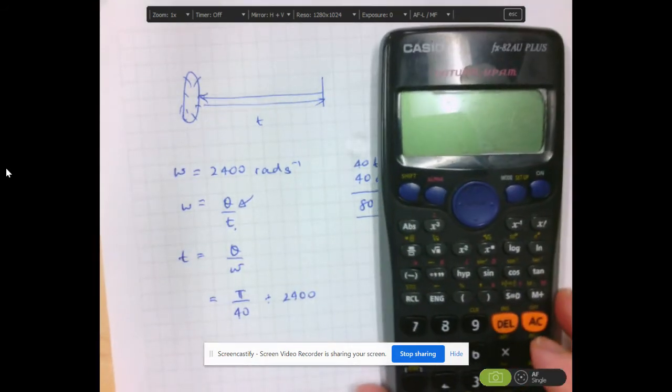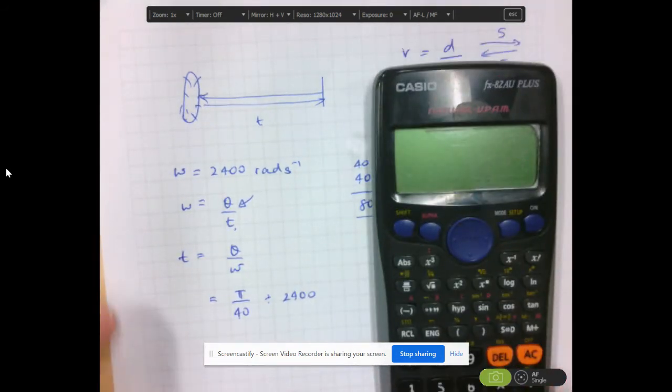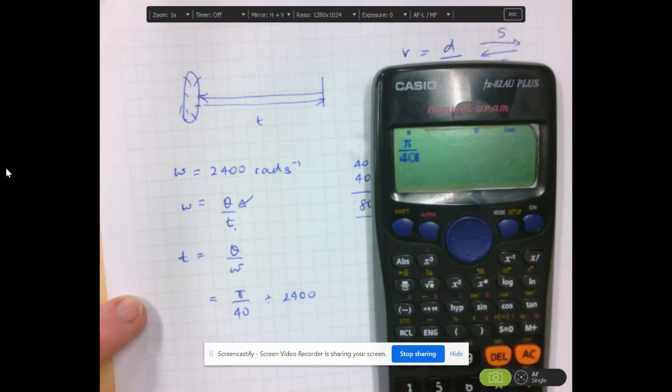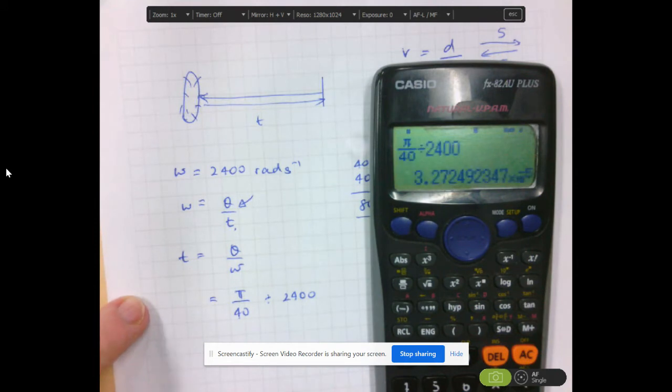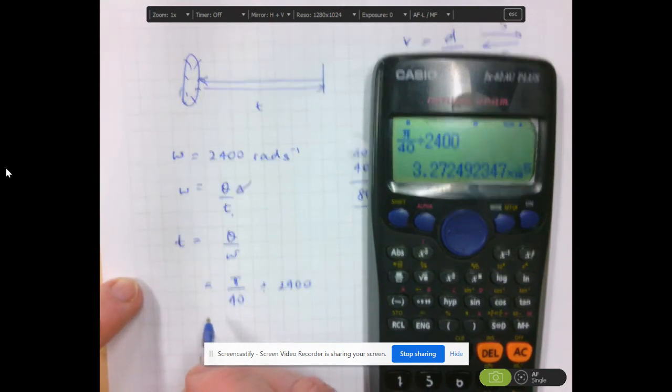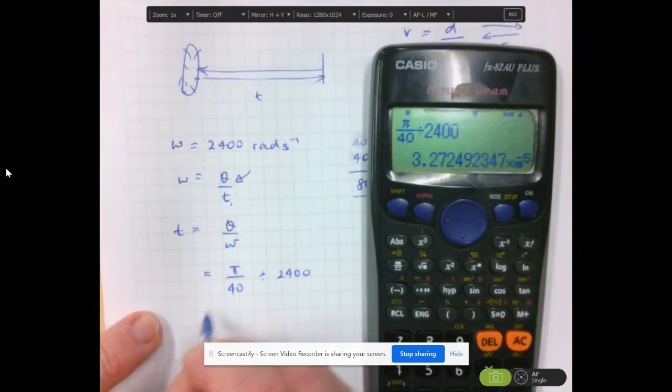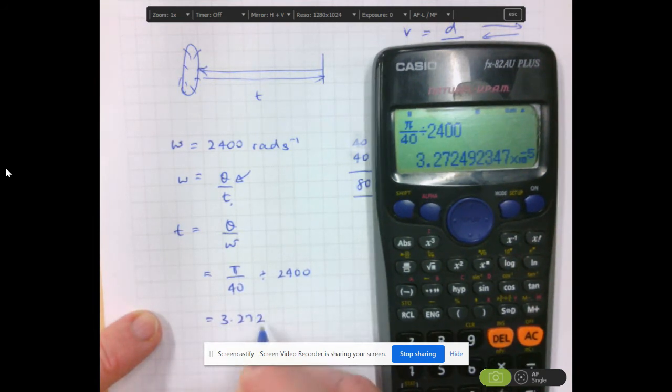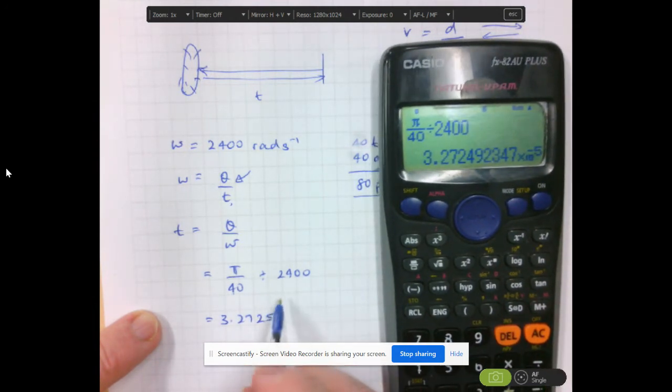Calculating that, pi on 40 divided by 2,400, I get a value of 3.2725 by 10 to the minus 5 seconds, rounded to 5 significant figures.